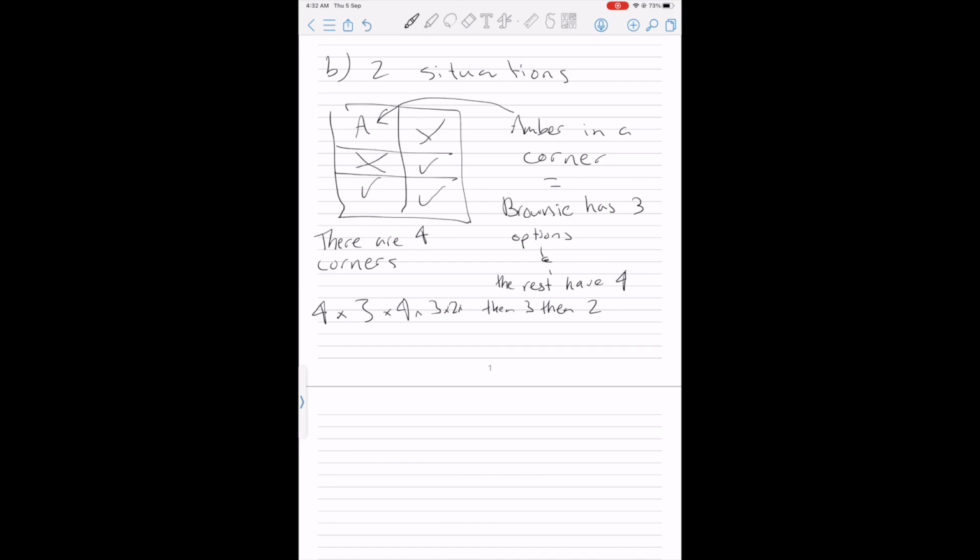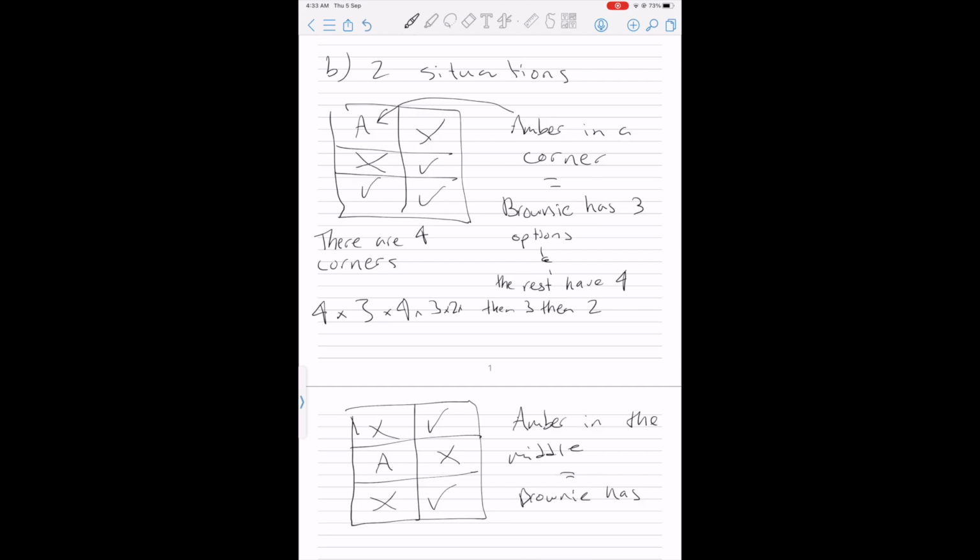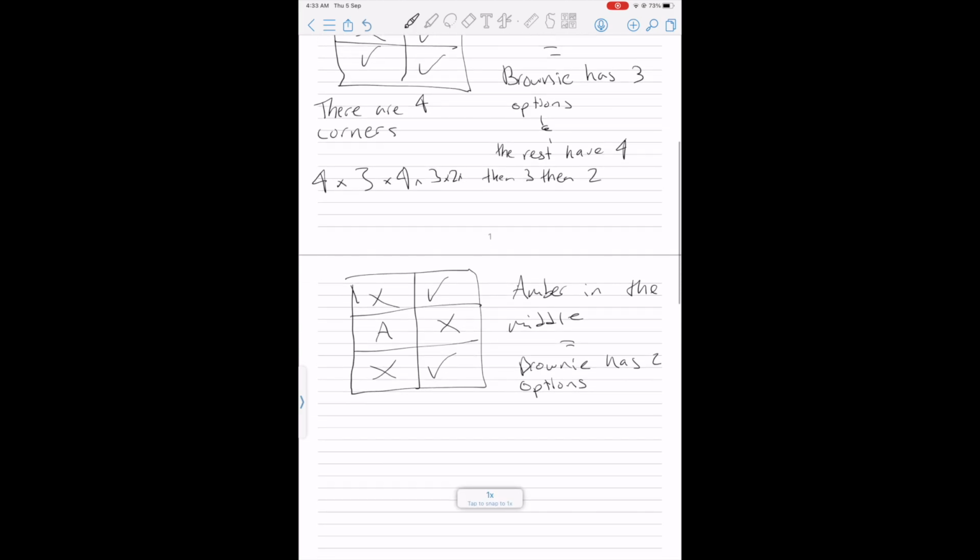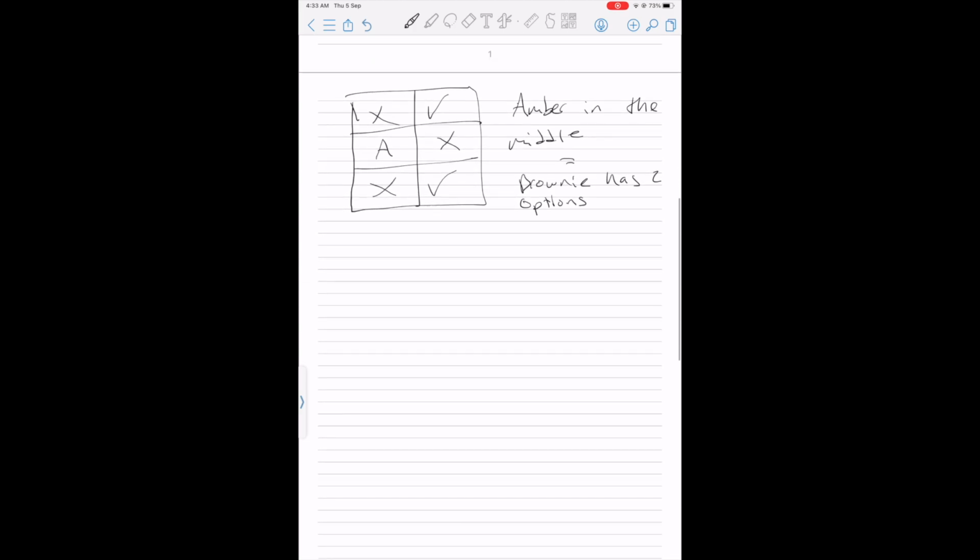Thus Brownie has 3, and the first sheep after Amber and Brownie is going to have 4 choices, and then the other sheep is going to have 3, and the last sheep is going to have 2 options, because as the question says, each pen only contains 1, rather than in part A where each pen can contain all. That's the first type of situation.